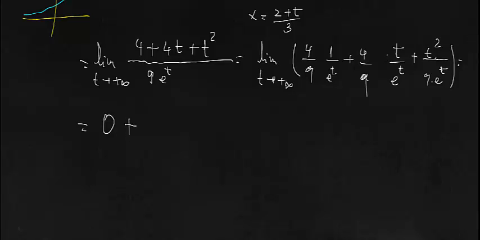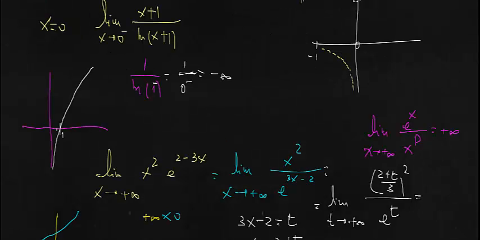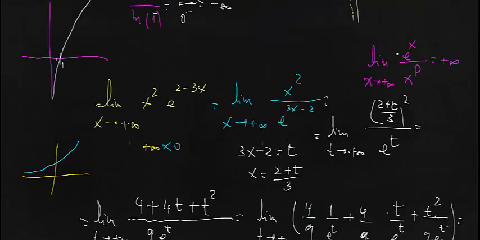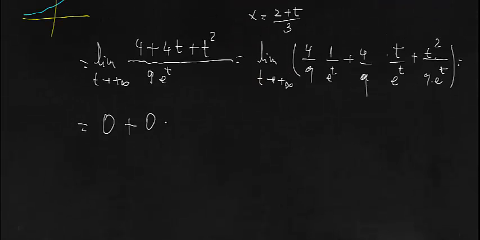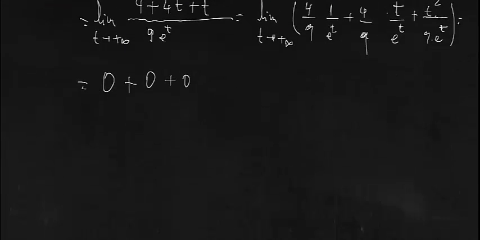For the second one, looking at this limit over here, I have the inverse, so I will have 0 again, and for the last one, of course, I have 0 again. And yes, I can say that there is a horizontal asymptote, which is y equals 0. And so I think the first question is done.